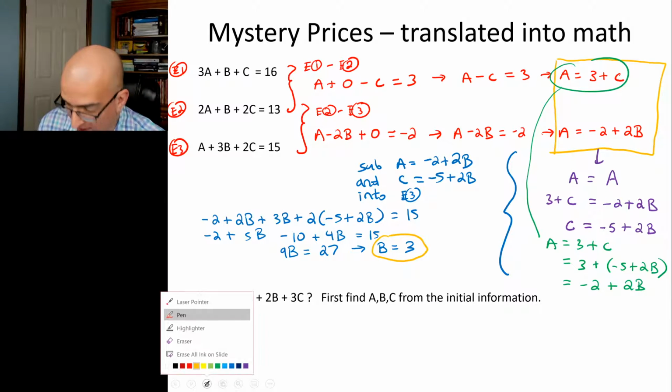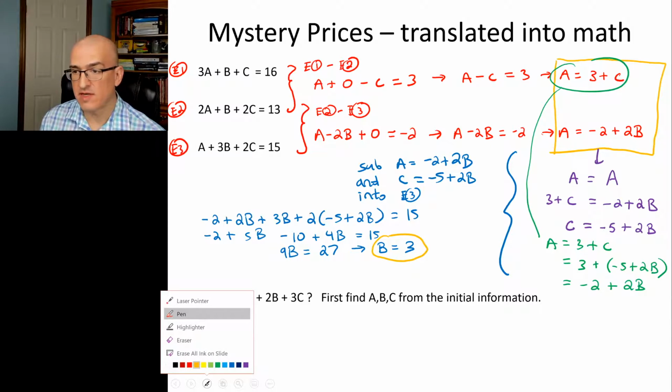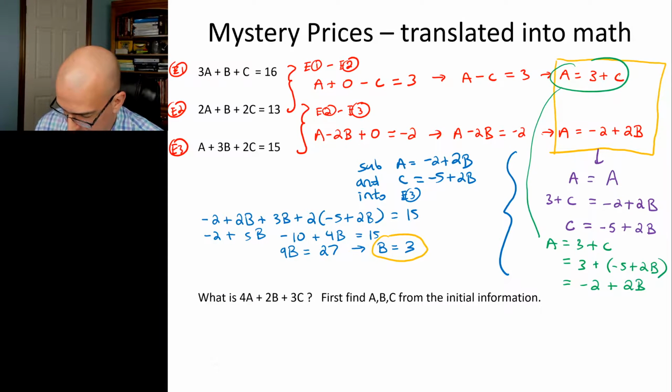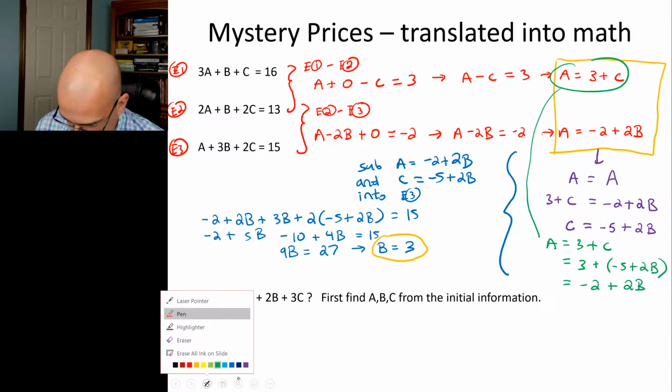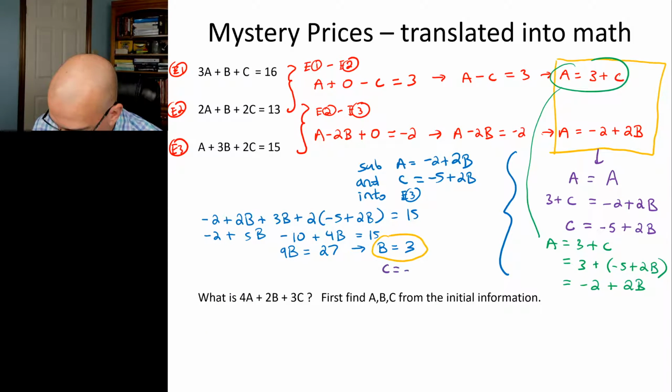Okay, and now we can go back and find what a is, because we know that a is equal to negative 2 plus 2b, and we can find out what c is, and c is negative 5 plus 2b. So c is equal to negative 5 plus 2 times 3. So c is going to be negative 5 plus 6, which is 1. So the price of a coconut is 1.